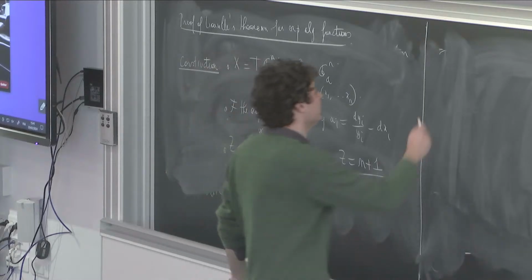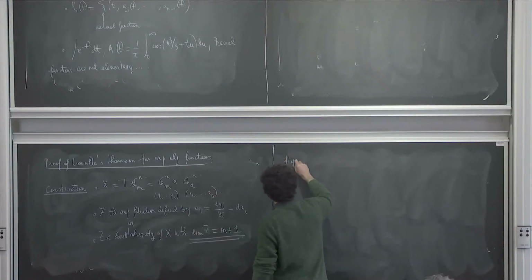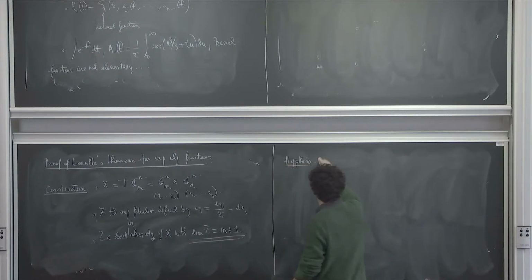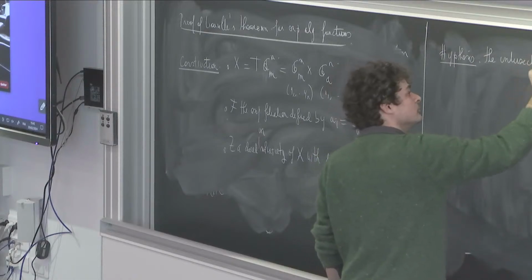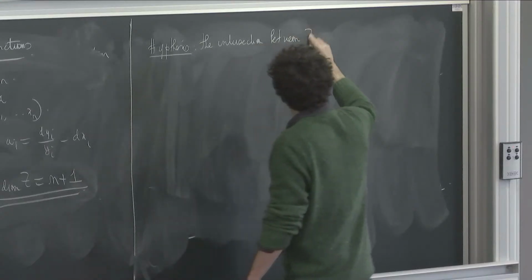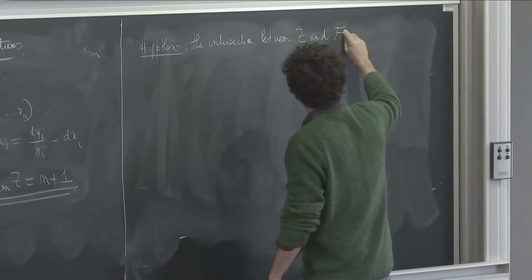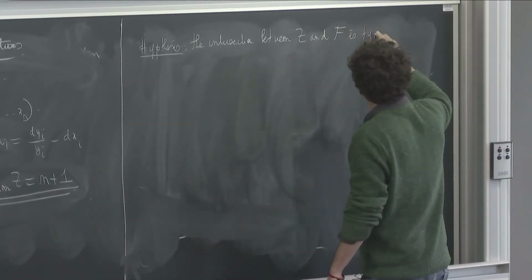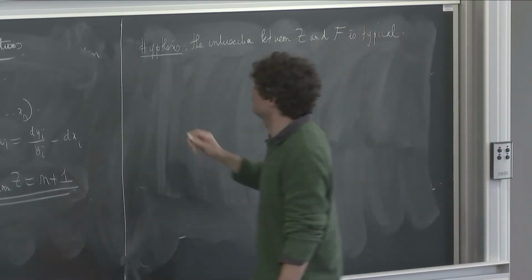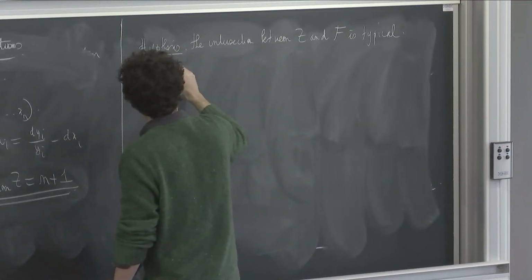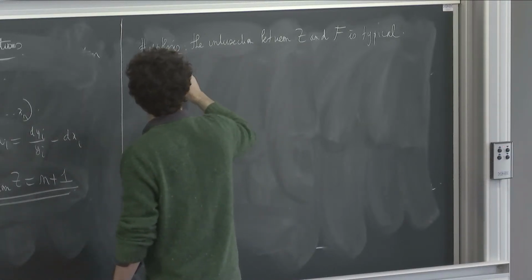Okay, and I'm making one hypothesis. The hypothesis is that the intersection between Z and F is typical and not constrained.